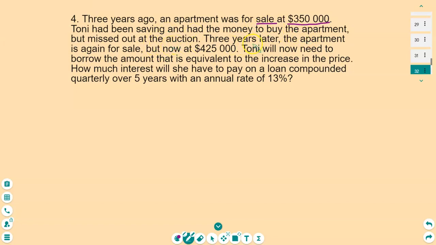3 years later, the apartment is again for sale, but now at $425,000. Tony will now need to borrow the amount that is equivalent to the increase in price. How much interest will she have to pay on a loan compounded quarterly over 5 years, with an annual rate of 13%?